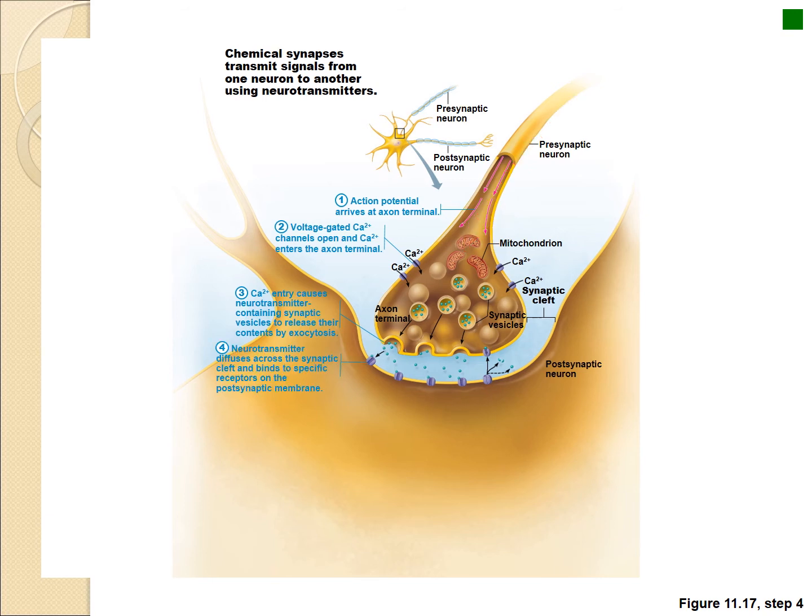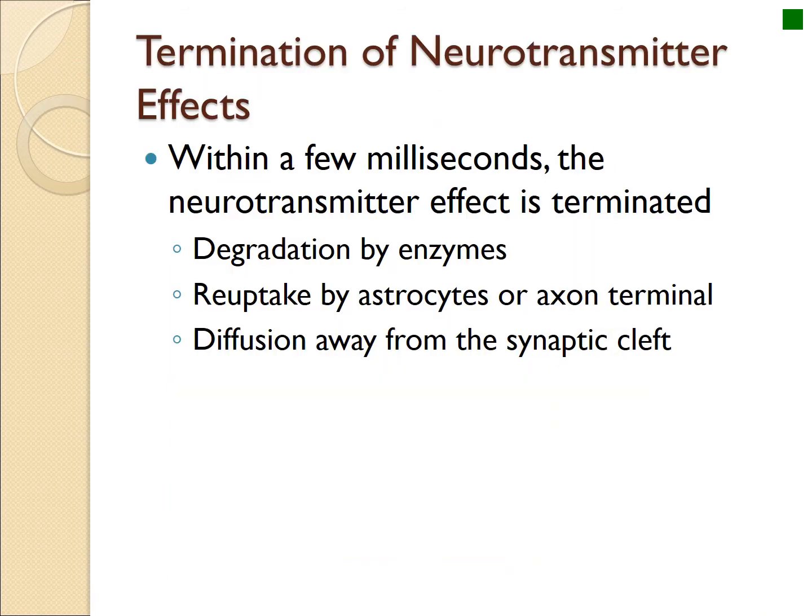So the neurotransmitter again is doing its job, okay, and this cell is now responding with an action potential. And if there's no more stimulus, the whole system shuts down. So what happens is when neurotransmitter gets in that cleft, what we call the termination, this is only within milliseconds.